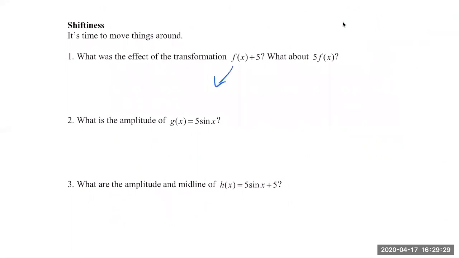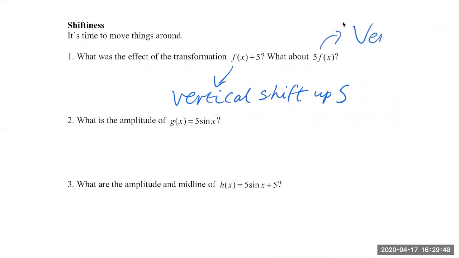F of x plus 5 was a vertical shift up 5. We took the whole function, whatever its center was formerly, we bumped it all up 5. And 5 times f of x, this was a vertical stretch.